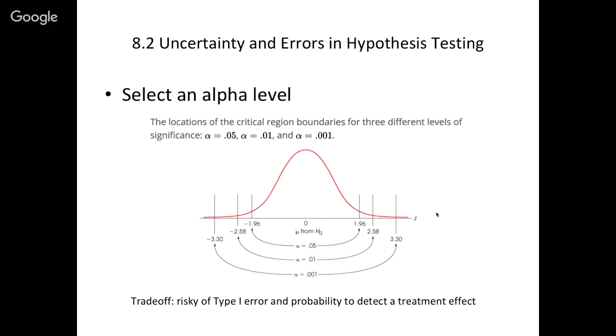So there's a trade-off. How to select the alpha value is a big question in real research. We can start with a relatively liberal alpha value, which is 0.05, and then we can try to see whether or not the result can still survive with a more conservative alpha value.